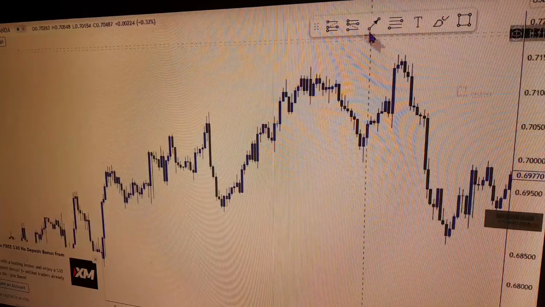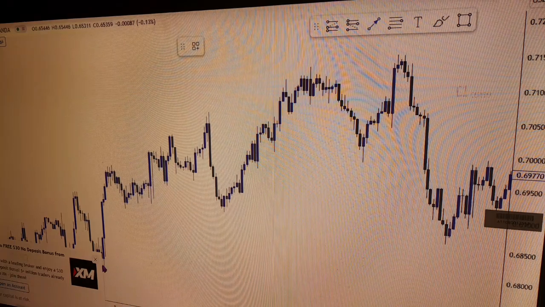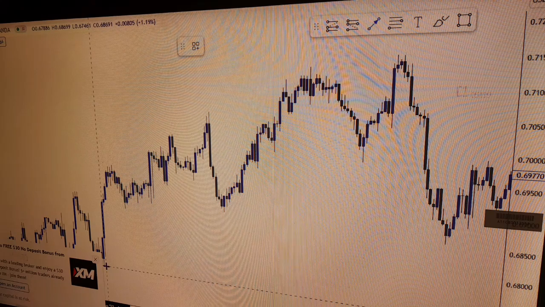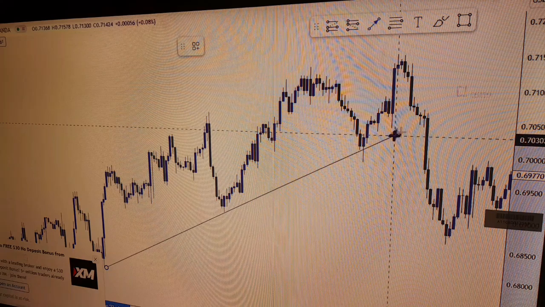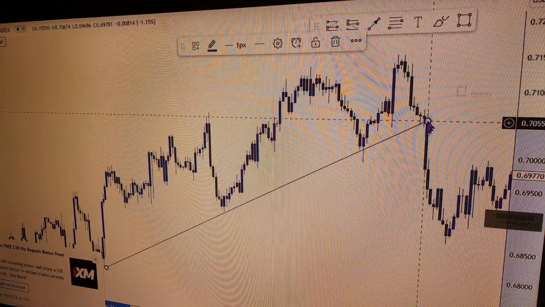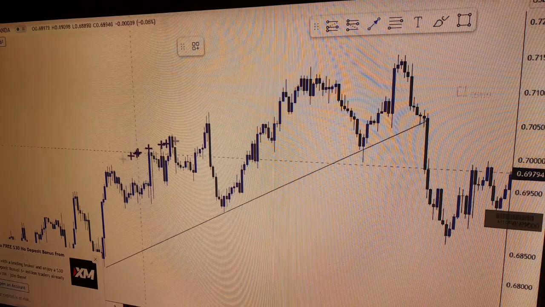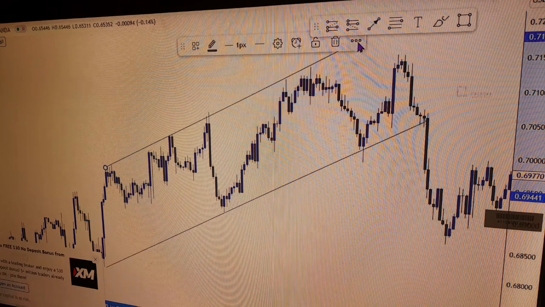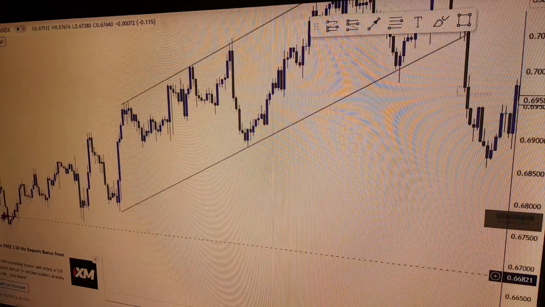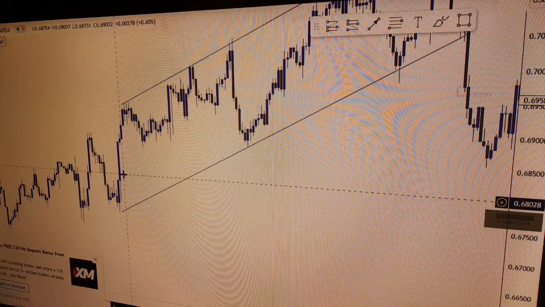Right over here, what we see is our own reversal, meaning our own ascending channel like this. This is our own reversal channel, and also we're going to put it right over here. As you can see, the market has been coming to the upper side.